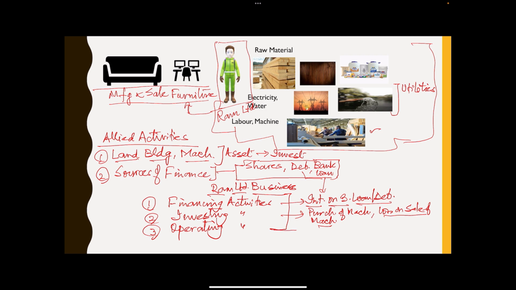The third is operational activities. Operational activities are those, like I said, raw materials, electricity, labor, all the expenses Ram has incurred, and the profit or loss earned will be from operational activities.